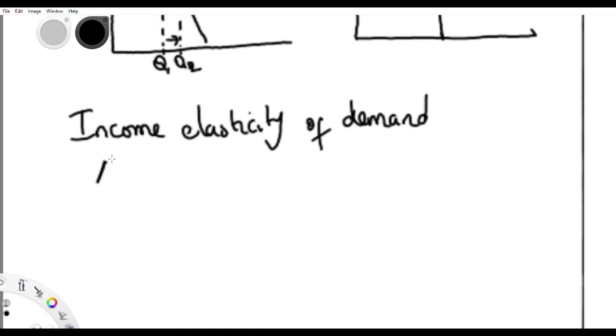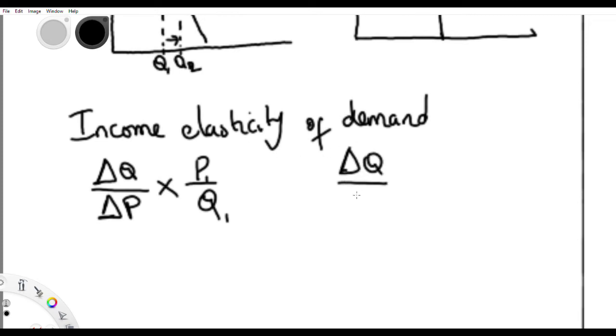Remember, for price, it was change in quantity as a result of change in price of the product, times price over quantity, that's price 1 over quantity 1, for point price elasticity. Now the same thing still applies, just that for income elasticity it becomes change in quantity demanded as a result of change in income of the buyer, times initial income divided by quantity.